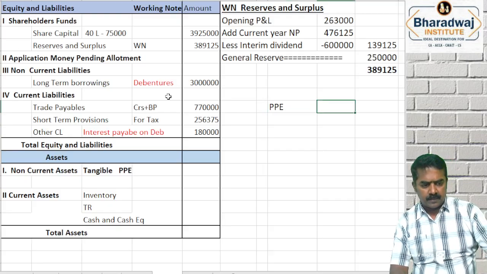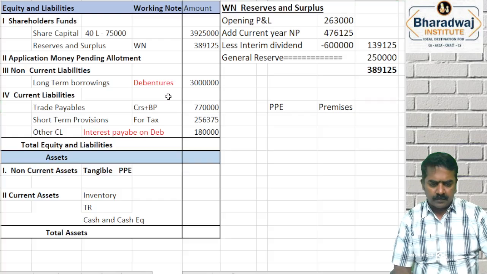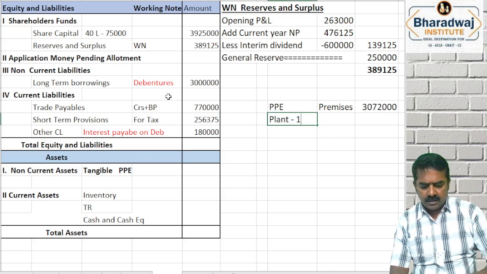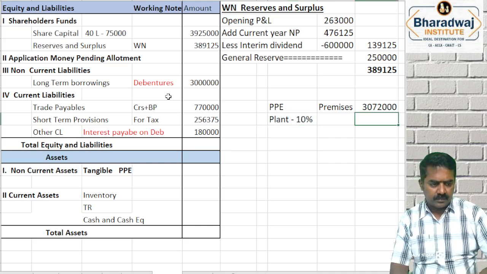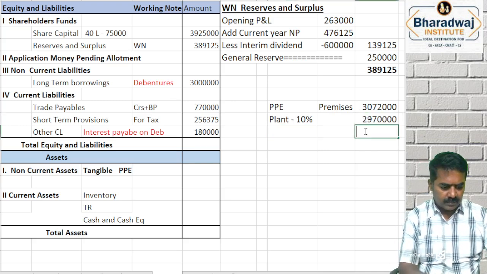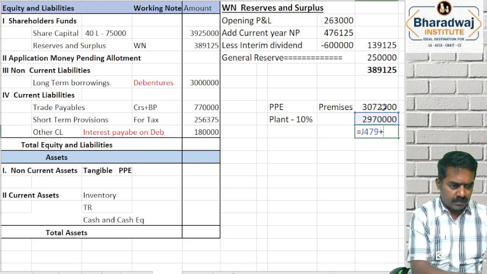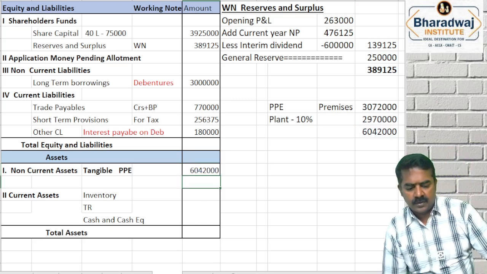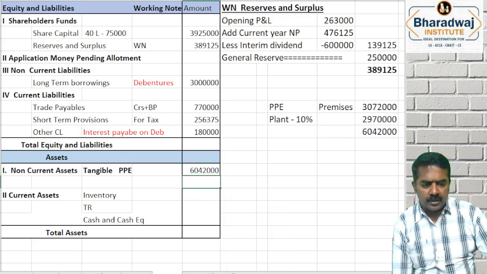Premises. Plant minus 10%, 29,70,000. Plant, property and equipment will come.